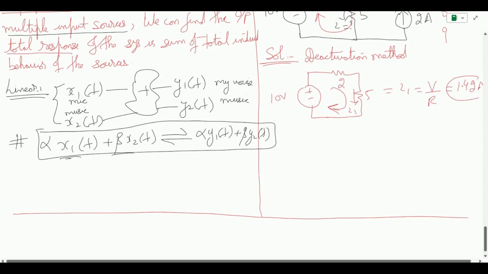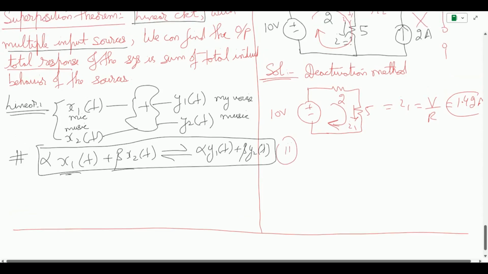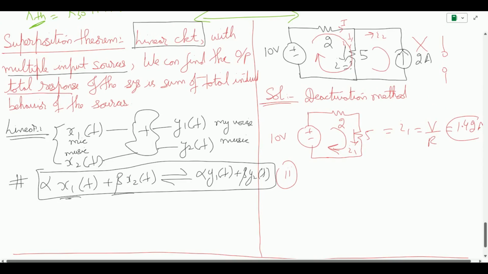Now let us take the second mesh with current I2, and I cancel out the first circuit. My circuit now is a 5 ohm resistor followed by the 2 amp source, and the voltage source is now made zero. So this is 2 ohm, this is 5 ohm, and now I have this current source. How can I find the current I2 across the 5 ohm?